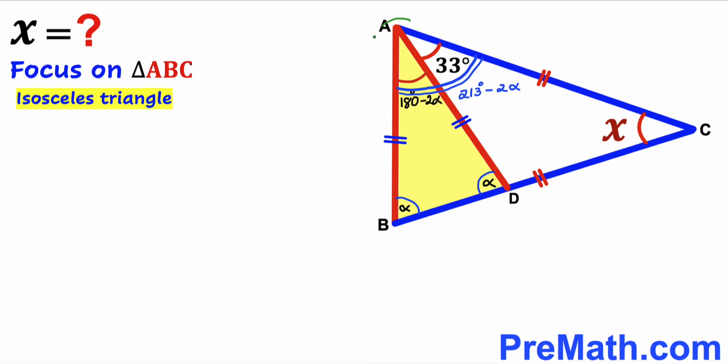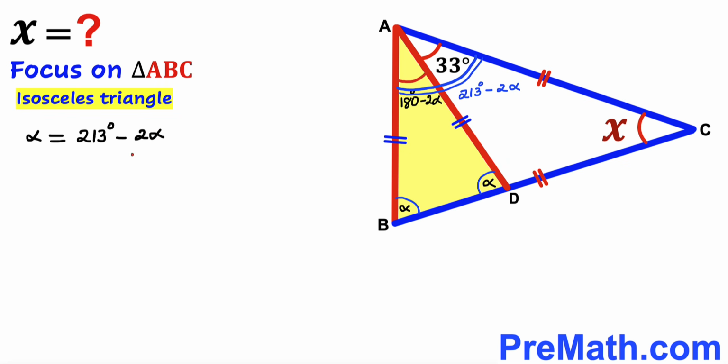We know this whole angle A is 213 degrees minus 2 times alpha, and this is our angle alpha. So therefore we can equate them. We can write down angle alpha equals to 213 degrees minus 2 times alpha.